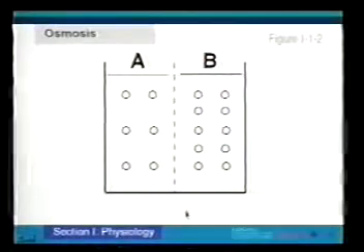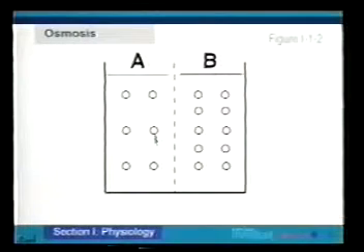Now, a standard way of testing this on Step 1 is to show you this figure here. This figure is a beaker containing fluid. On the left side, we have compartment A. On the right side, compartment B. And these two compartments are separated by a membrane system. The circles represent the dissolved solute.